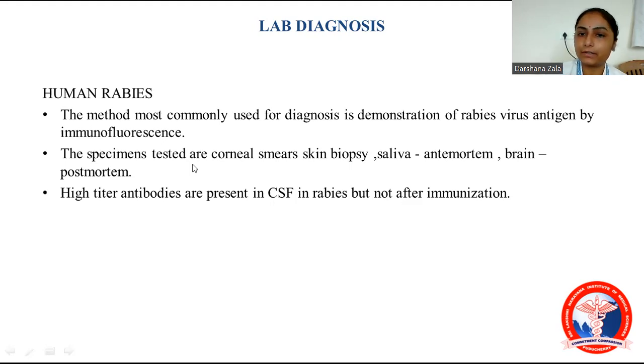So you have to be very careful. If you are taking the sample after vaccination, you will not get a high titer of antibodies, as it will already be neutralized by the vaccine, which can give a false negative result. So we always collect the CSF sample from patients who are not immunized.